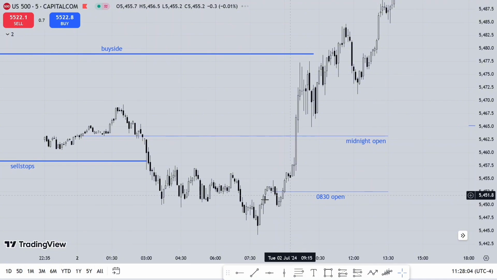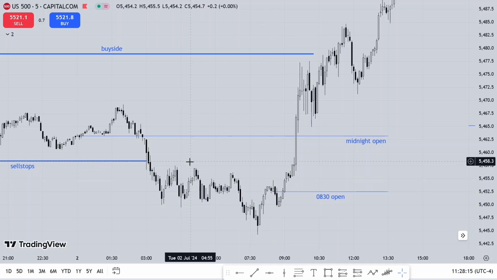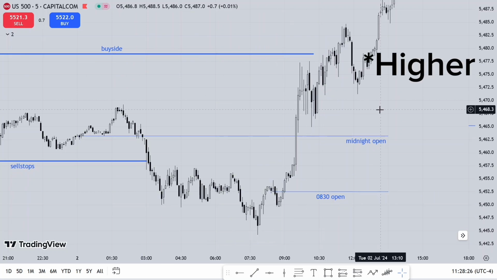So with this retracement in price, smart money traders will fill their buy orders here, targeting these relative equal highs, these highs, and probably the previous day's high. So you have the accumulation, the manipulation leg lower, then the distribution phase higher.